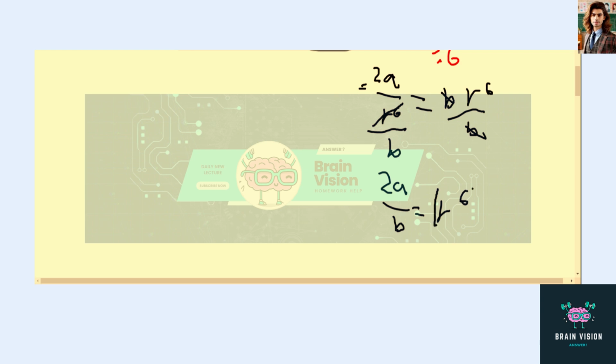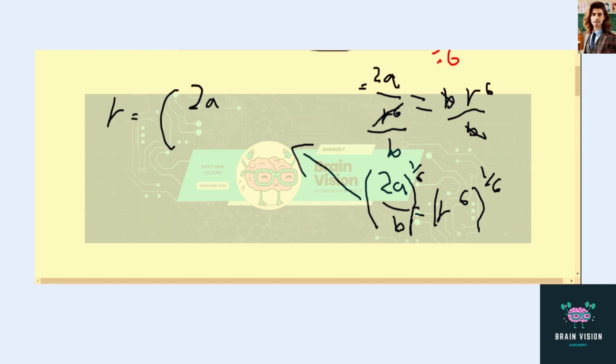To get rid of the 6th power, we put everything to the power of 1 over 6. And this gives us our distance, which is equal to (2A divided by B) to the 1 over 6 power.